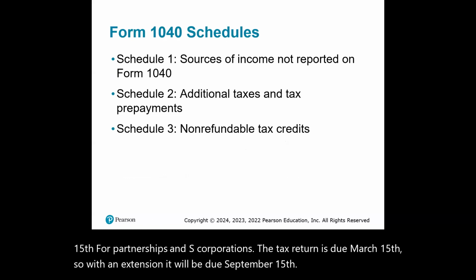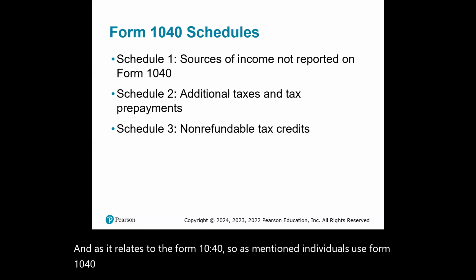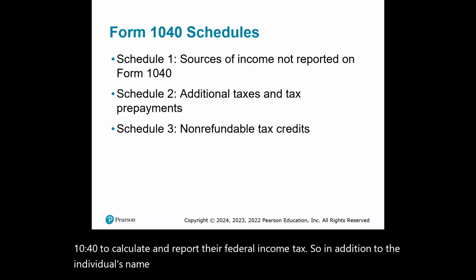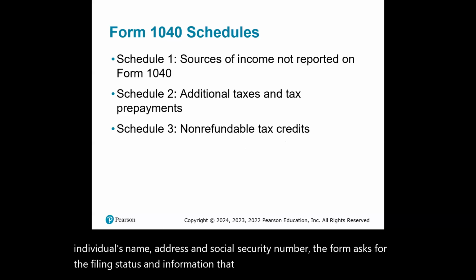And as it relates to the Form 1040, as mentioned, individuals use Form 1040 to calculate and report their federal income tax. In addition to the individual's name, address, and social security number, the form asks for the filing status and information that's pertinent to the individual's standard deduction as well as their dependents.